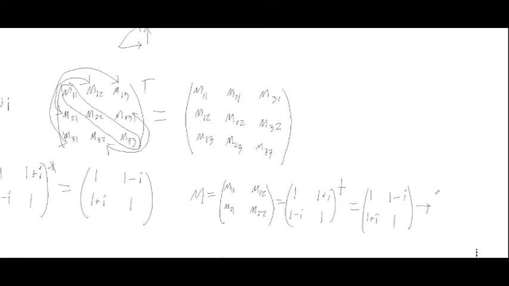But if we do this sequentially here, then after we take the transpose, we do the complex conjugate, and now what we end up with is exactly what we had before, which is the 1, 1 plus i, which is what we had here, 1 minus i, which is what we had here, and 1.